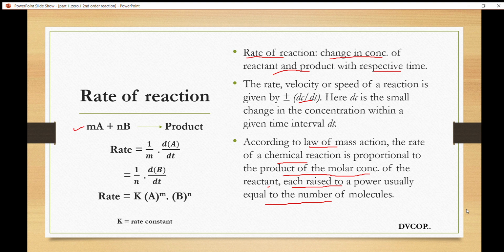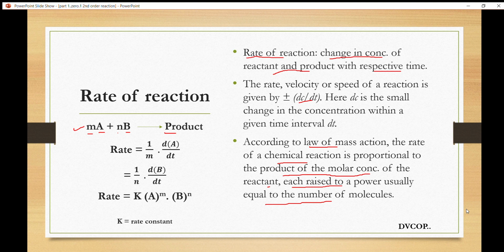In this equation you can see that A and B are the reactants, and when A and B react they give the product. These M and N are the number of moles of reactants A and B respectively.